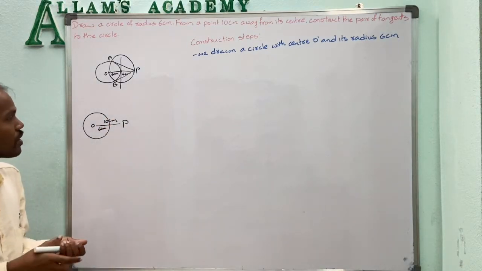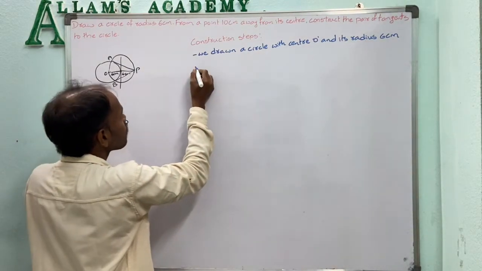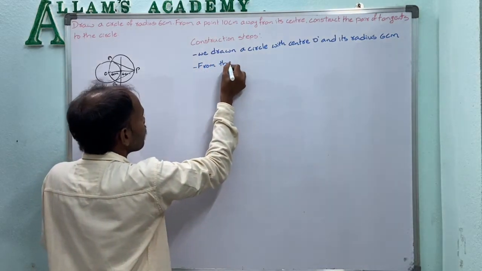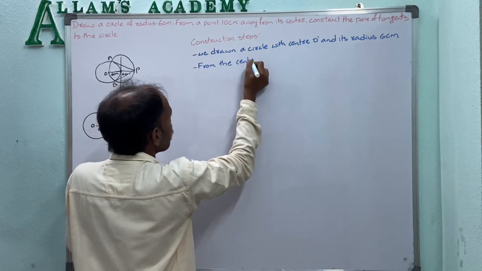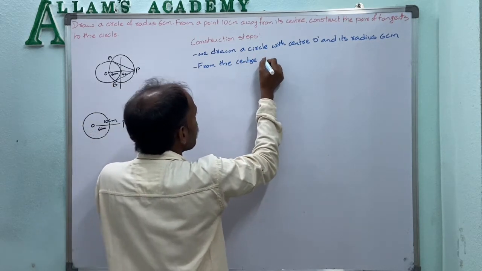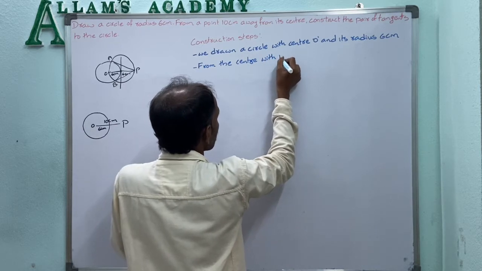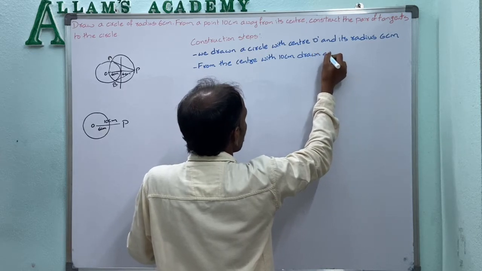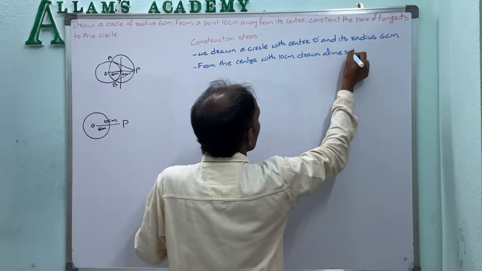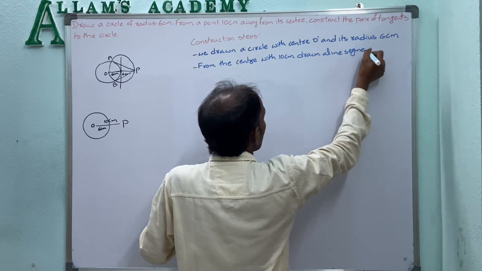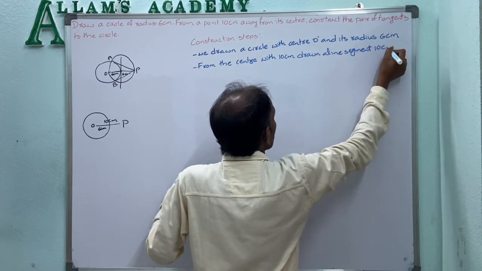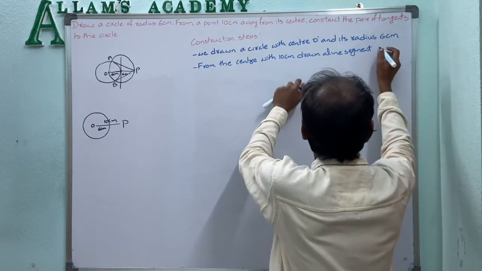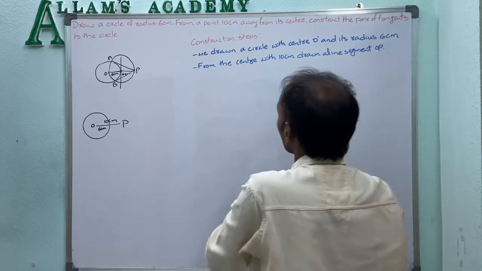So from the center we draw a line segment of 10 centimeters, line segment OP.